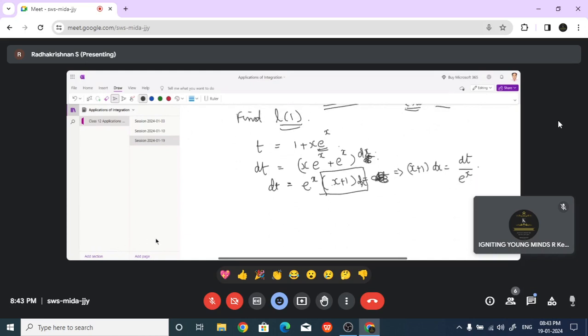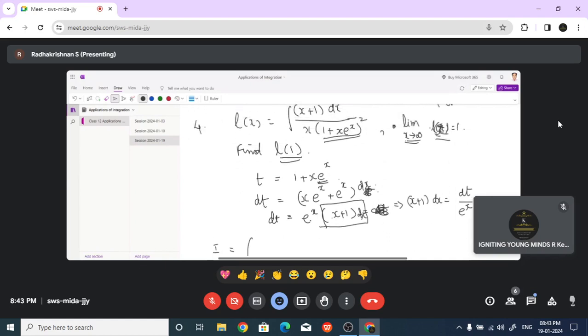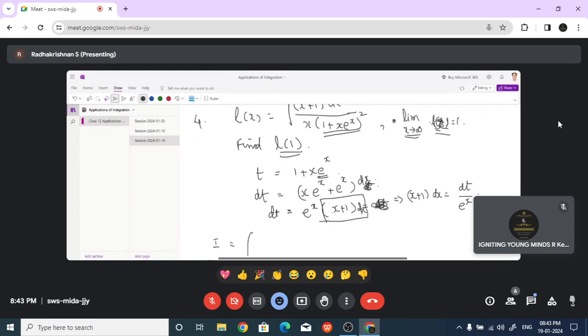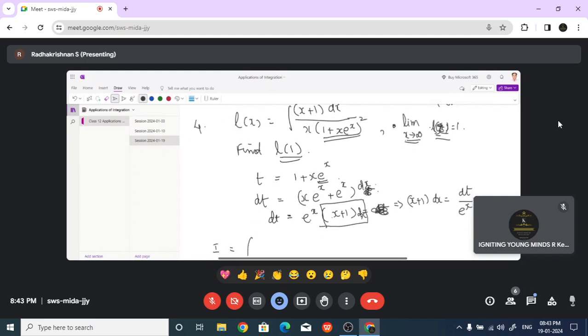So now you put that in the integral: x plus 1 dx is dt by e power x.